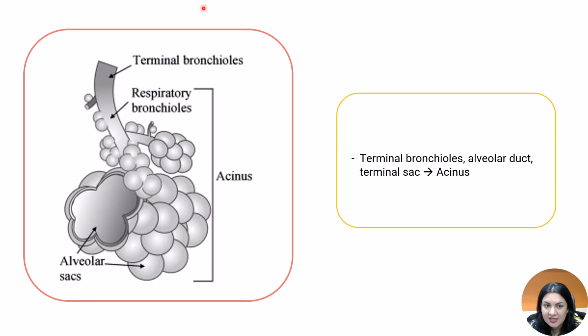Each of these comprises a terminal bronchiole, an alveolar ductal system, as well as a terminal sac. All of this, as it comes together, can be described as the primitive early stage alveolus.